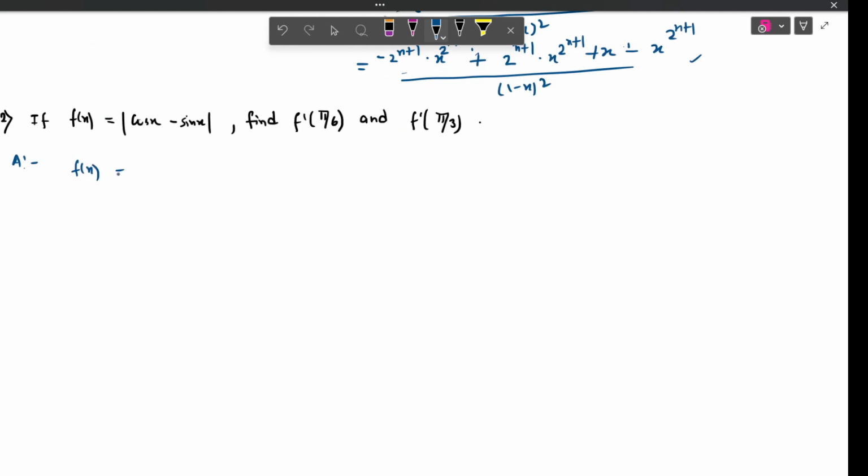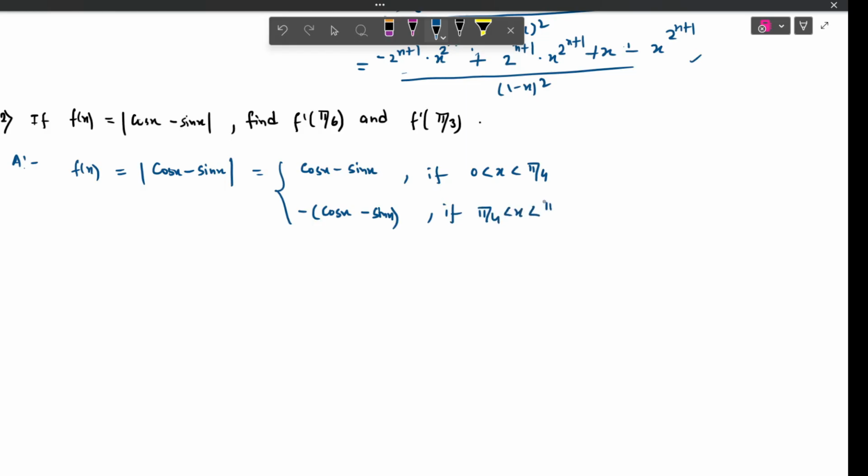So f of x equals mod of cos x minus sin x, this would be cos x minus sin x if x is between 0 to pi by 4, and it will be minus of cos x minus sin x if x is between pi by 4 to pi by 2.